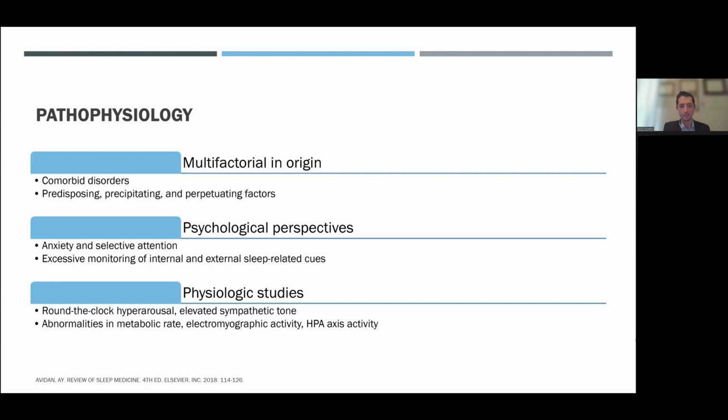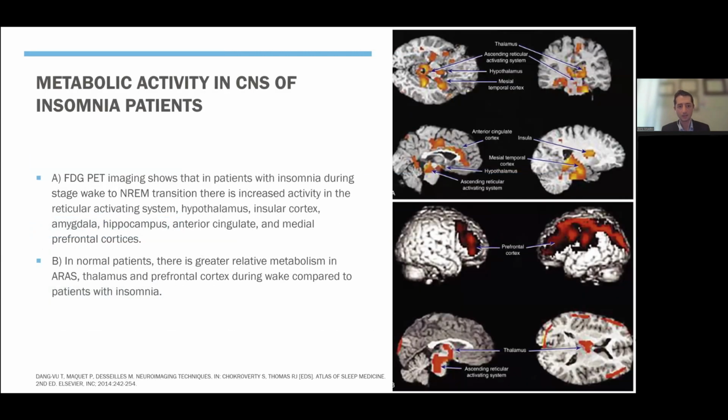And studies have been done that looked at increased activity when you're supposed to be sleeping and relaxing and going through a transition from stage wake to non-REM sleep, stage N1, N2, etc. Instead, there's increased activity in the reticular activating system of the brain. What's important about that is the wake system, the activating system of the brain, is more active when it's supposed to be less active.